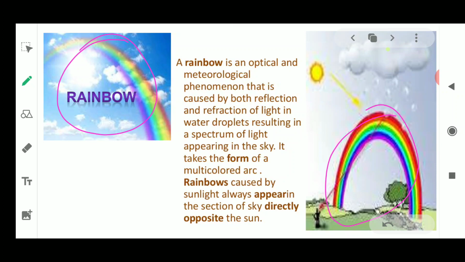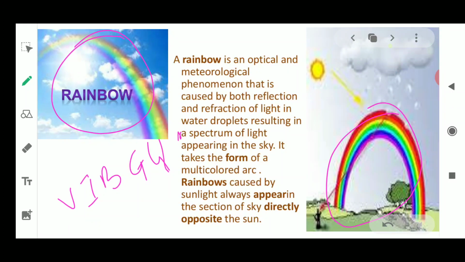These 7 colors are the Vibgyor, that is, violet, indigo, blue, green, yellow, orange and red. As you could see here also, violet, indigo, blue, green, yellow, orange and red.